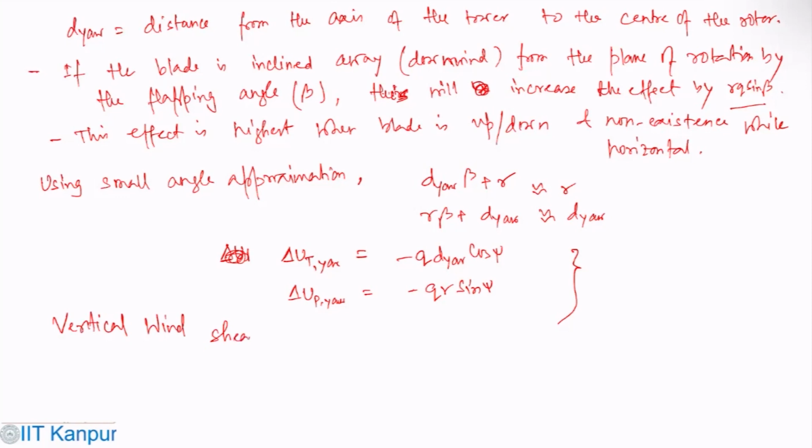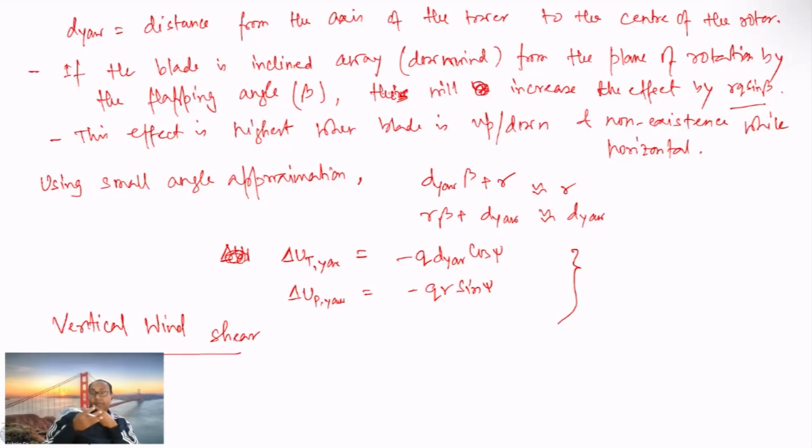Vertical wind shear essentially means the boundary layer variation that would be there in the free stream wind profile. There could be effects of roughness, terrain, and other effects. So there is a gradient that exists as we go along the perpendicular direction from the Earth surface.